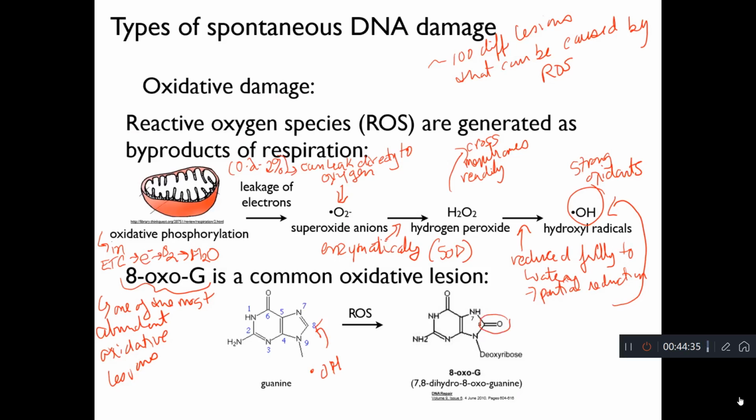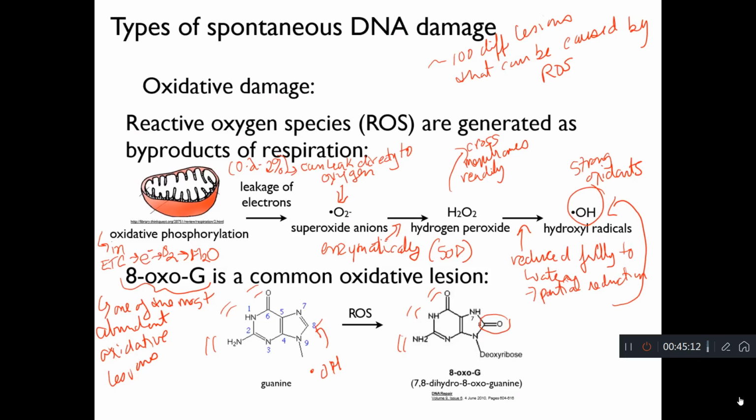I want to point out at this stage that although obviously the chemistry in the base is altered, it's not super obvious how this change would affect the base pairing capacity, right? Because the base pairing action is all happening over here, if we think about how G pairs, and again, the hydrogen bond donor and acceptor profile. If we look at 8-oxo-G, it's actually still the same, so it's unchanged.